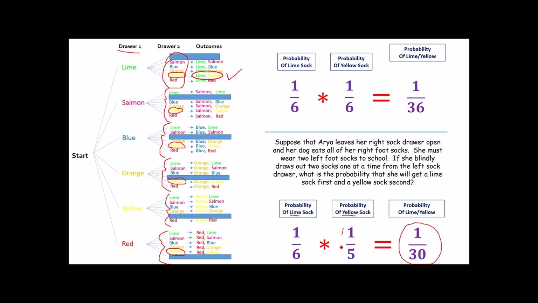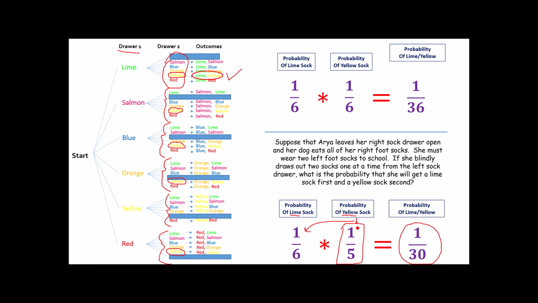The difference here being when you're drawing from the same drawer. When you draw from the same drawer, what happens in your second draw is affected by what happened in your first draw. The probability here changes because the first event has an influence or a direct connection to what happens in the second event.